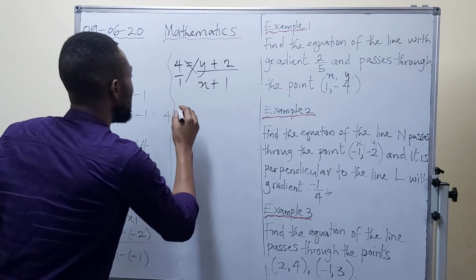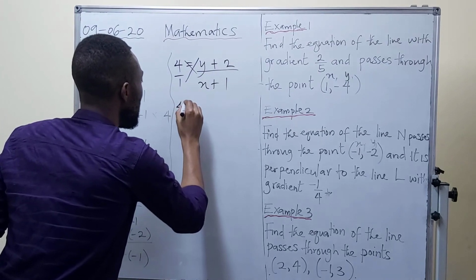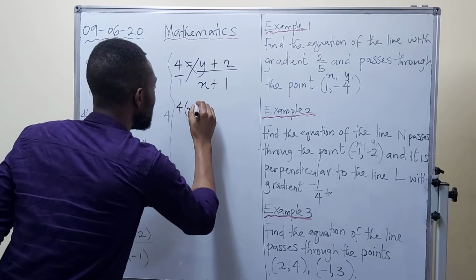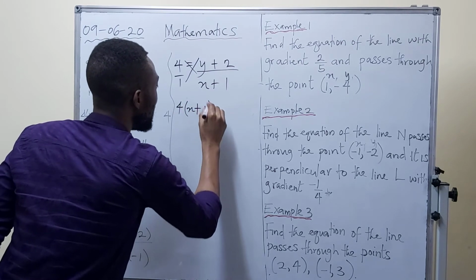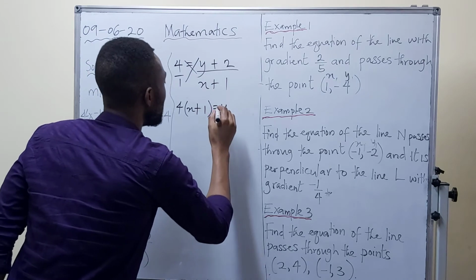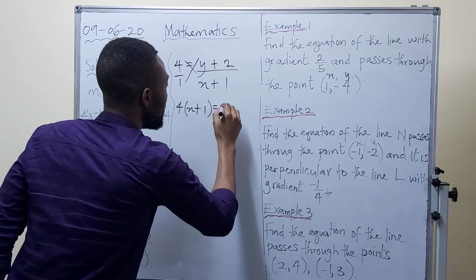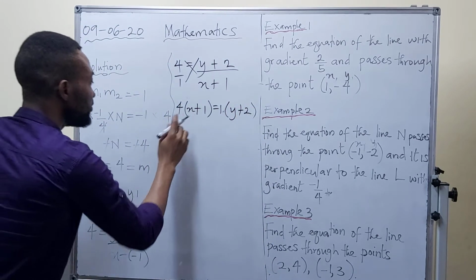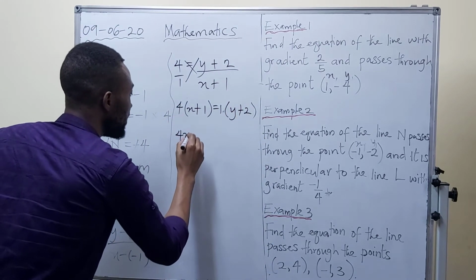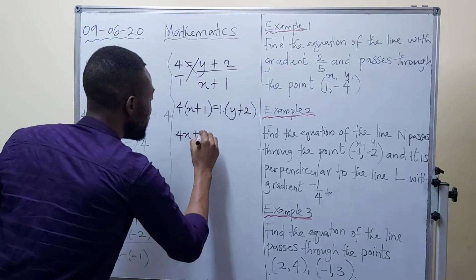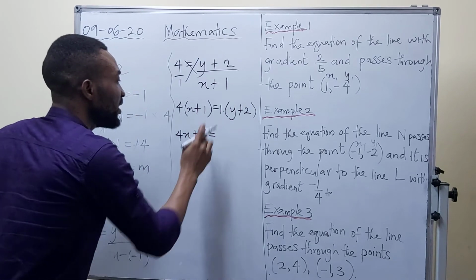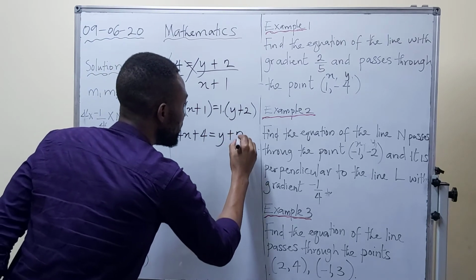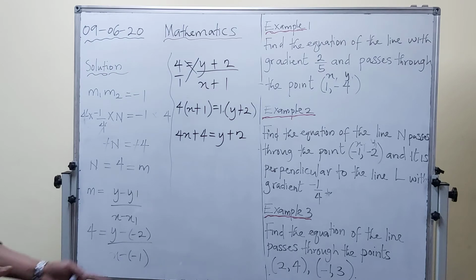So I can say 4 multiplied by the bracket x plus 1 is equal to 1 multiplied by y plus 2. So 4 times x will give me 4x plus 4 times 1 will give me 4. I open that bracket, so 1 times y will give me y plus 1 times 2 will give me 2. So what I will do now is to collect like terms.